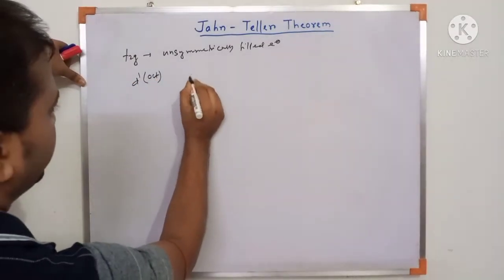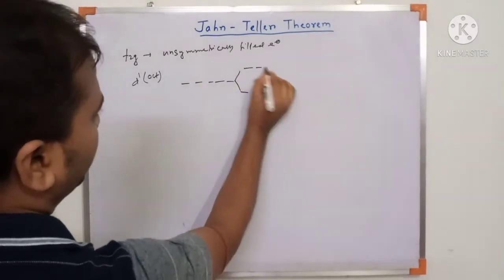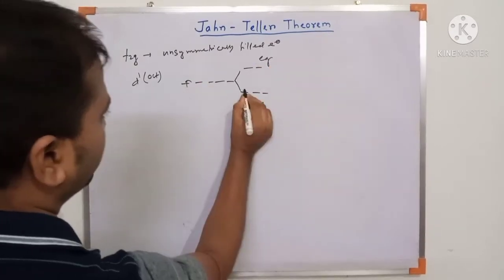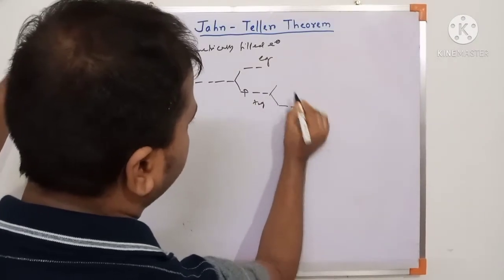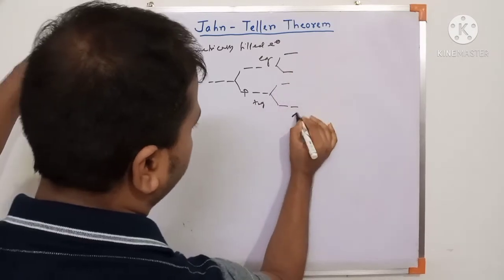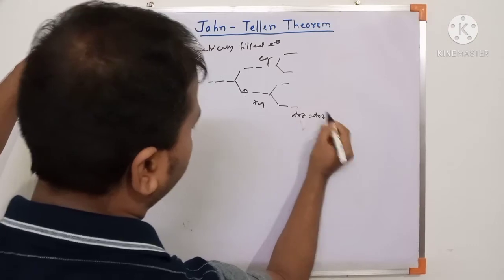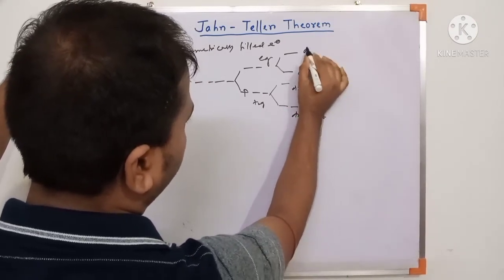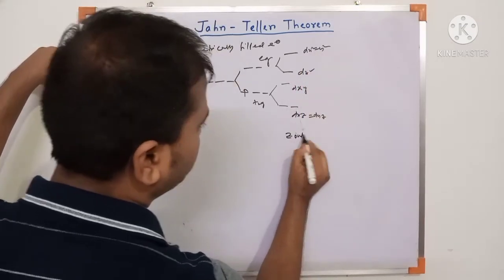The five d orbitals are split into t2g and eg, with one electron, and these further split into either Z-out or Z-in. Two are sketched. This is dxz, dyz, and this is dxy, and this is dz square, and this is dx square minus y square. This is the Z-out case.